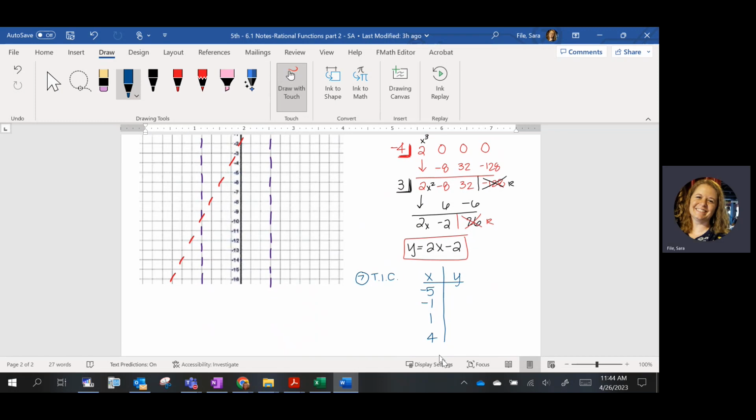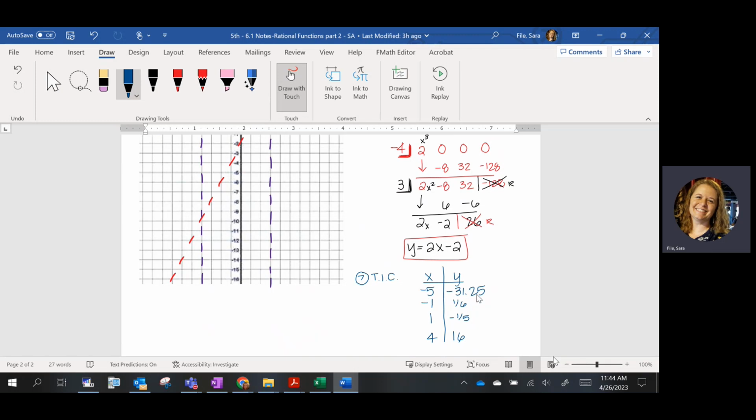Are we agreed on where I came up with those numbers that I'm going to test? All right, so I'm going to save us some time and just give them to you. You could use a scientific calculator to calculate them. Okay, and now I'm going to plot them.